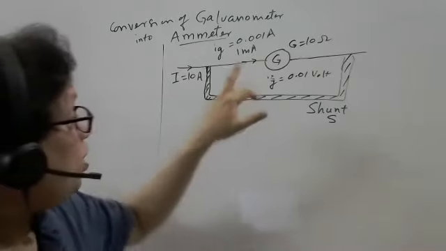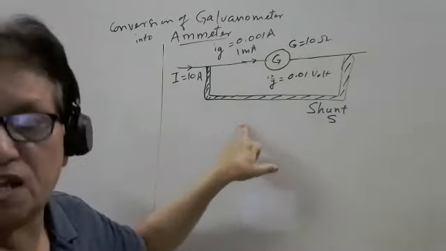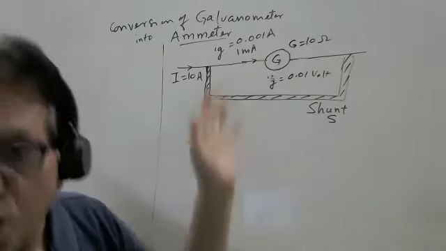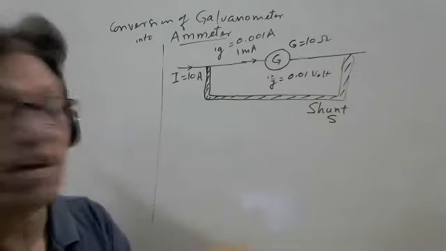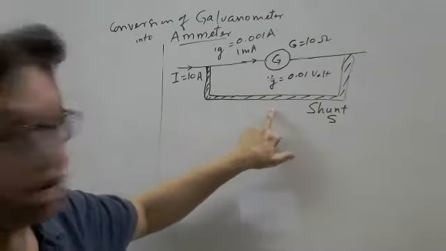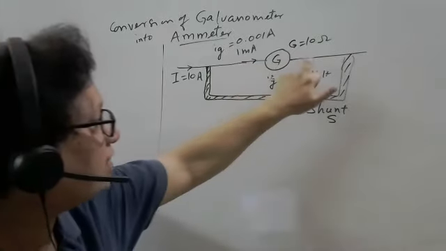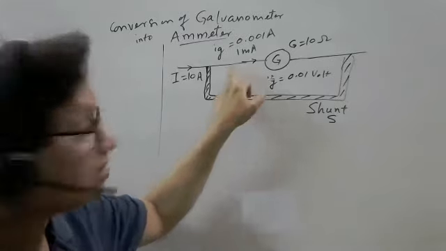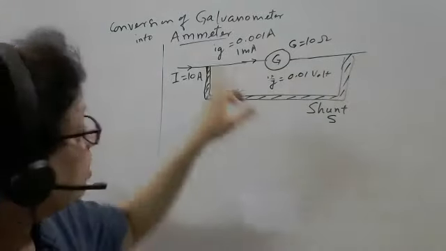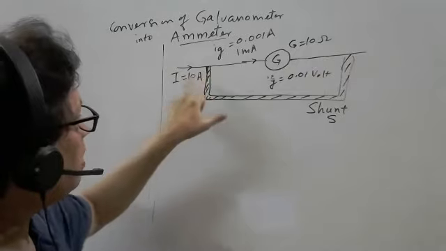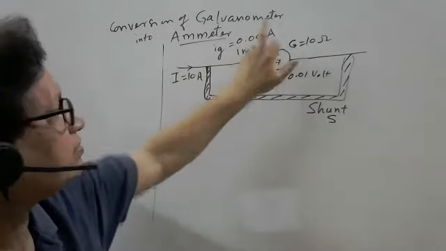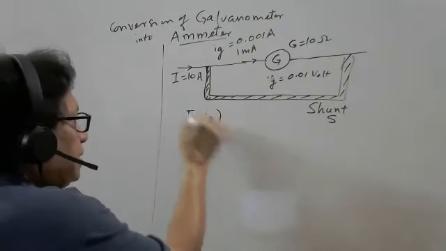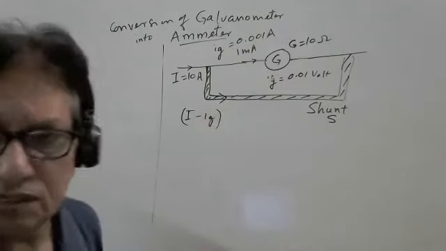Here it is a thick conducting wire, resistance is very less. Very thick means resistance is less. So all the extra current must pass through the shunt, and only this much current passes through the galvanometer. So 1 milliampere current is still responsible for the deflection. The rest of the current, 10 ampere minus 0.001 ampere, means what? Here I minus Ig is the current passing through the shunt.